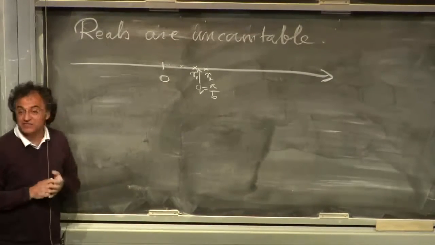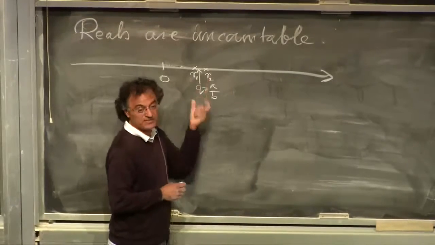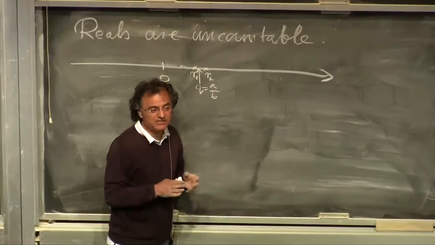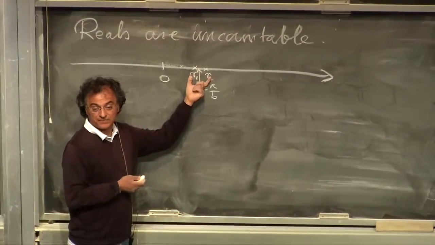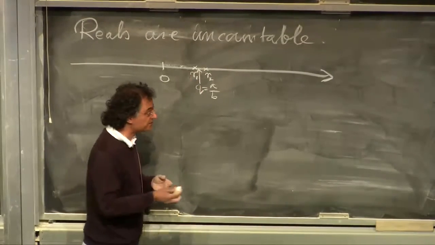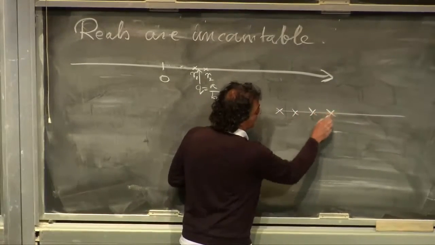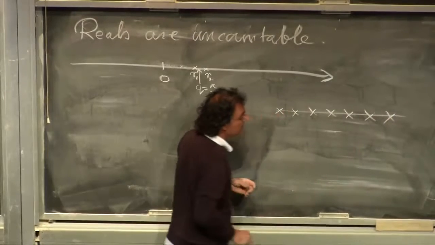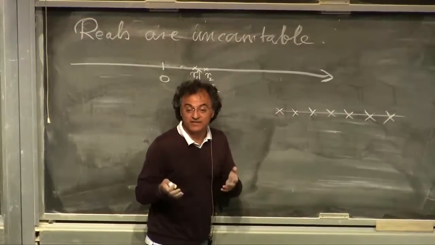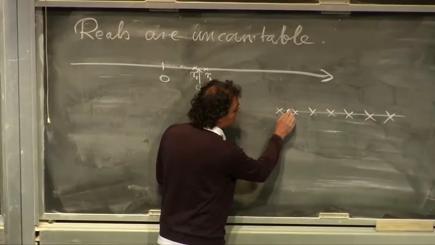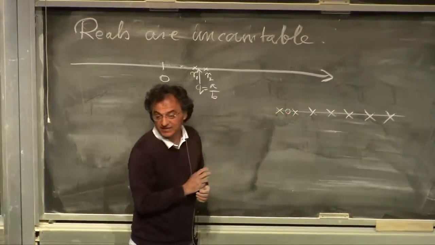To me, this is an extremely paradoxical situation. Why are there more real numbers than rationals? We'll prove it, but it's completely counterintuitive. And the reason it's counterintuitive is this. If you have a finite set, and we lined these guys up, and suppose I told you that between every pair of these elements, there's one of another kind. So there's another set of these round elements, and between any two crosses, I can put one of these guys.